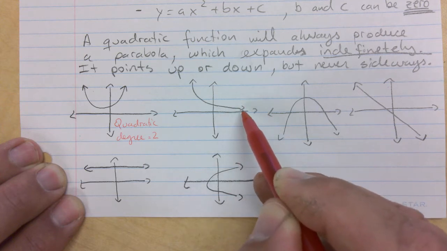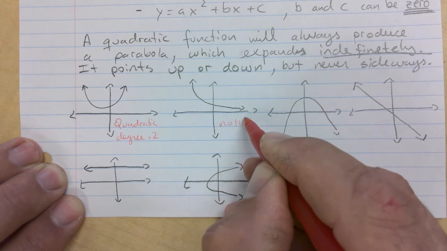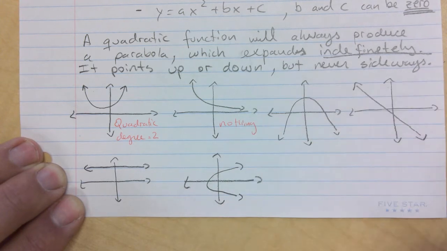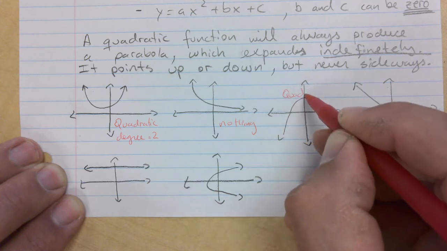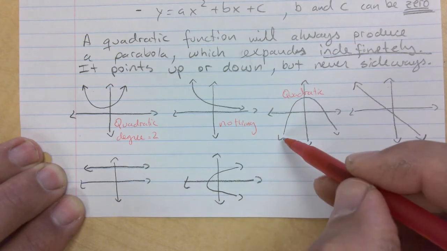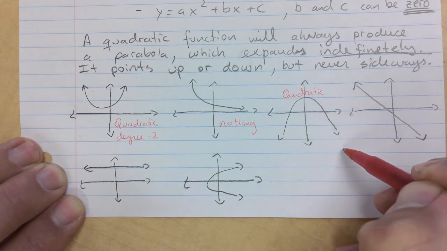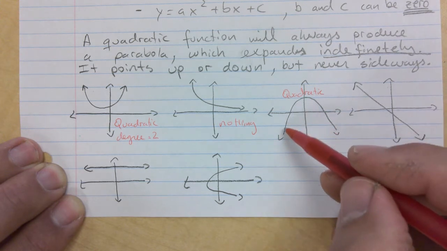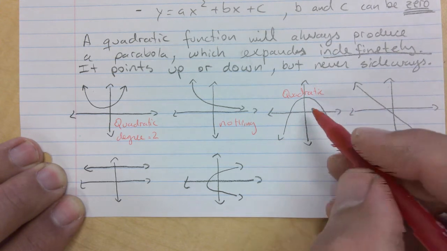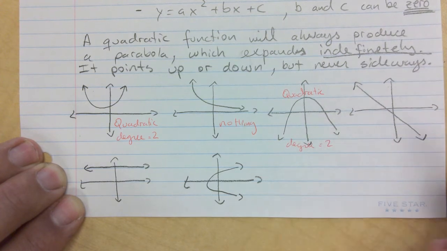It gives you an indication that this will actually continue down. So this is nothing for us, okay? This is a quadratic. Yes, this one opens down. You can tell that the arms are going to expand, and this is going to keep on getting bigger. It's like a bowl, right? It just keeps on getting bigger, and so it's a quadratic, and the degree is also 2, okay?